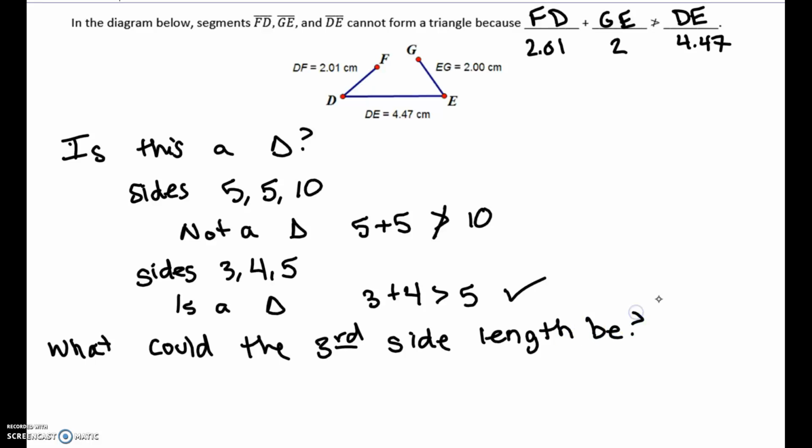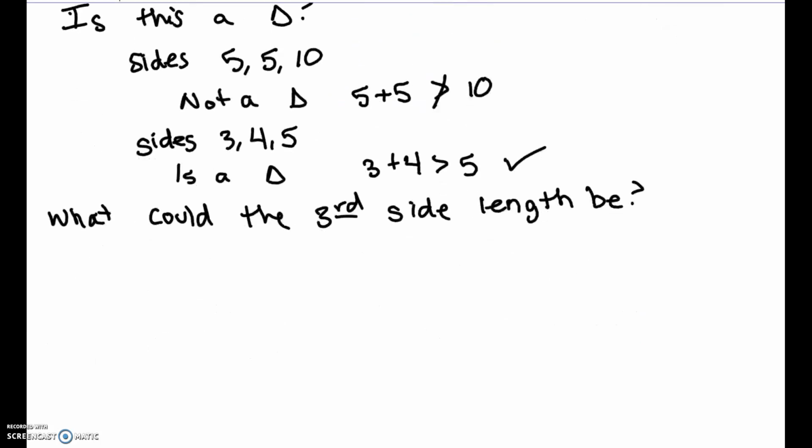Well, in order to do this, let's say we've got sides A, B, and C. It has to fit the equation: the absolute value of the 2 sides subtracted from each other has to be less than the third side, which has to be less than A plus B. That's what has to happen in order to find the range of side lengths.